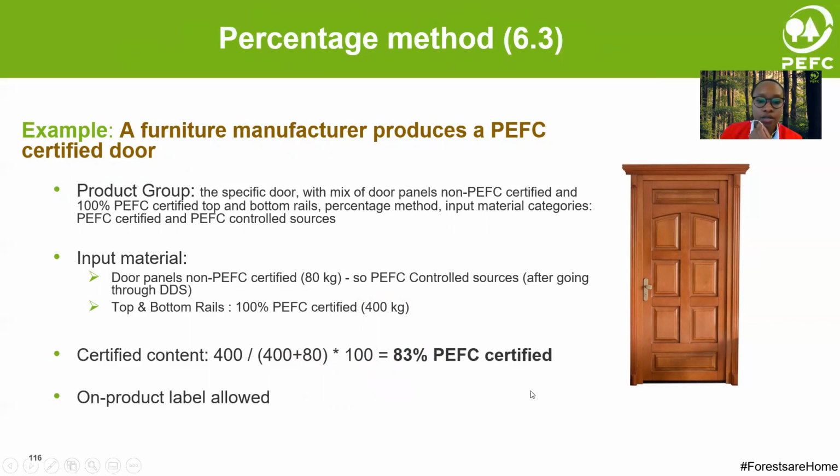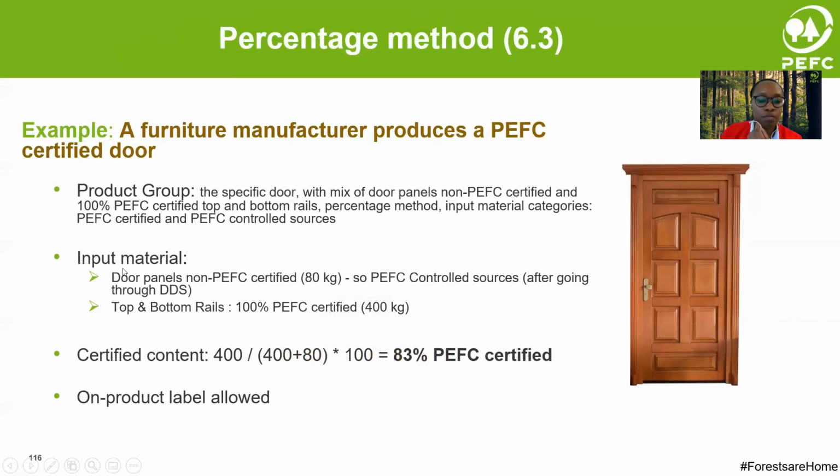The door has a mix of door panels, which are non-PFC certified, and 100% PFC certified top and bottom rails. In this case, the percentage method is applied and the input material categories are PFC certified, and the door panels, which are non-PFC certified, went through the due diligence system and were identified to have negligible risk and now have the claim PFC controlled sources.